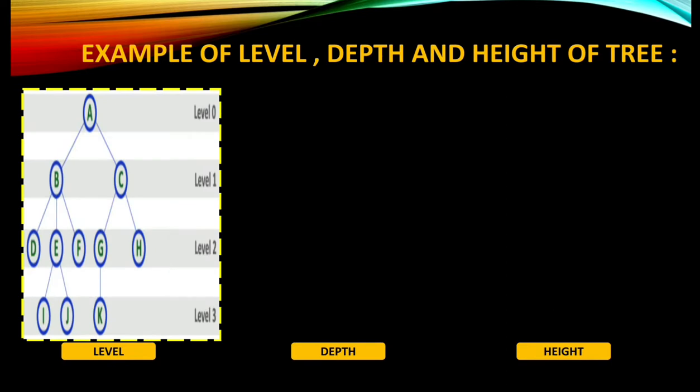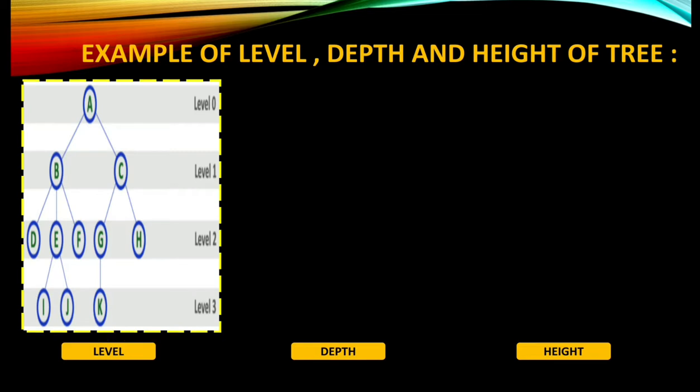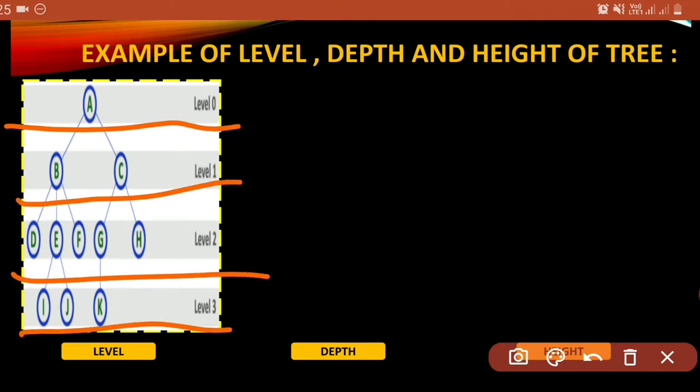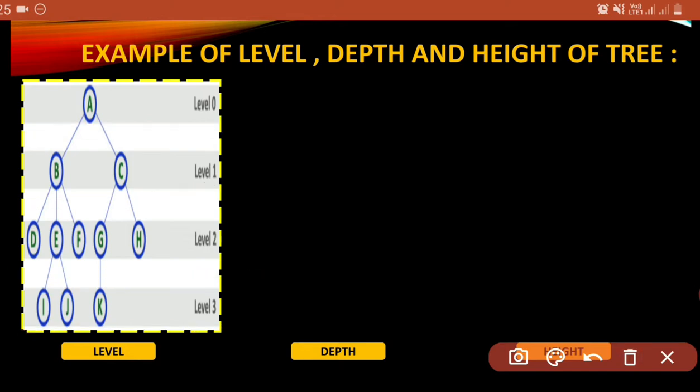Level, I told you earlier: A is 0th level, B and C are 1st level. Taking a different example so that you can identify what I am telling you. This one is 0th level, then 1, then 2, then 3. In this way any tree can move further.